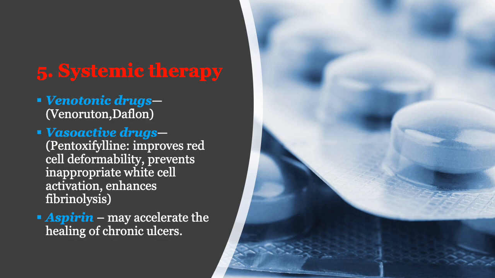Now, systemic therapy also can be used in CVI, like venotonic drugs, which increase the venous tone in the veins and enhance venous outflow. Also, we can use vasoactive drugs like Trental.